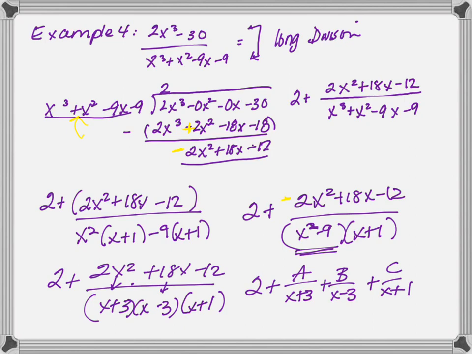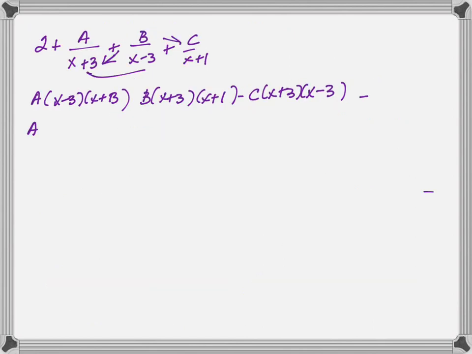So let's just put that minus 2x everywhere. Okay? So let's go back. Put it right here. Minus, that equals minus 2x squared plus 18x minus 12.